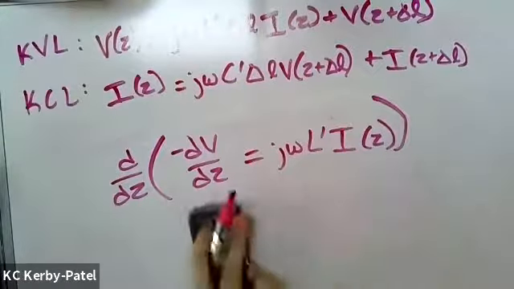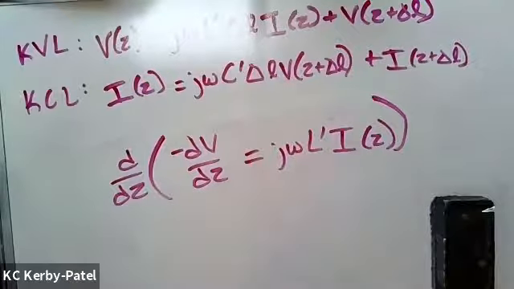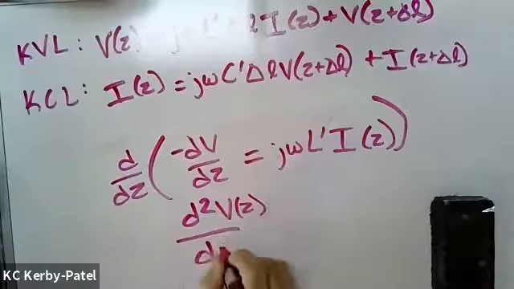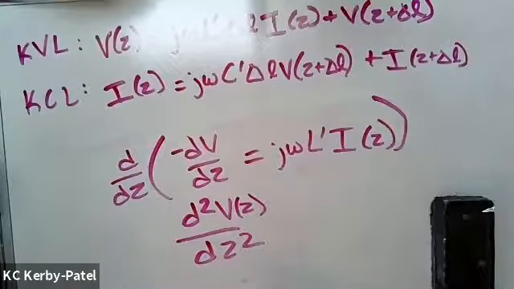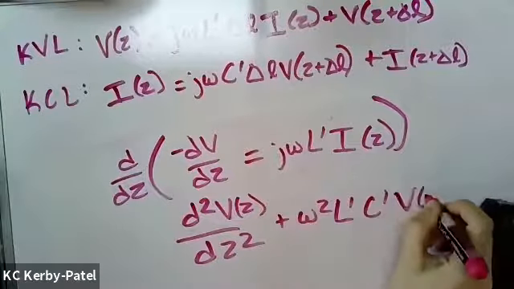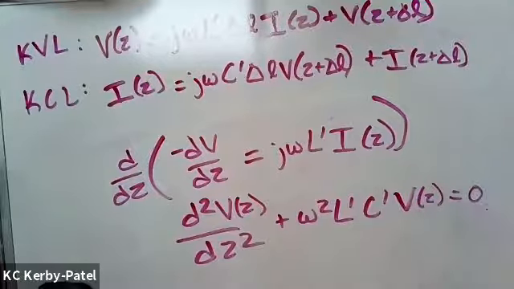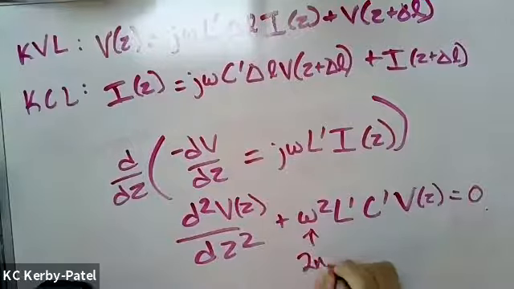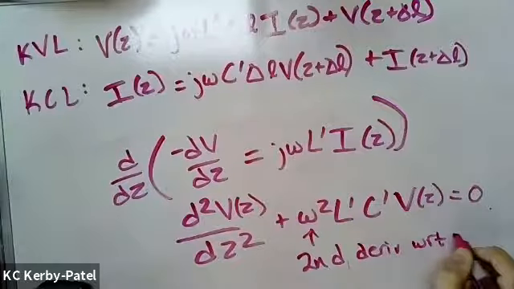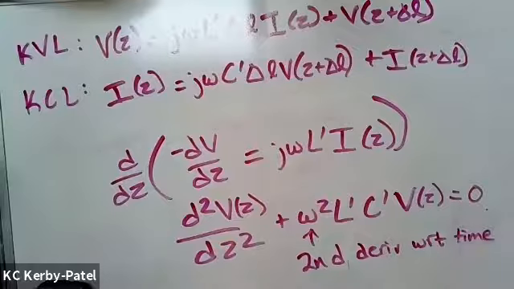So if we do that, we end up with the second derivative of the voltage with respect to z plus omega squared L prime C prime V is equal to 0. A wave equation, because again, this is a second derivative with respect to time. In phasor domain, multiplying by j omega gets you that.